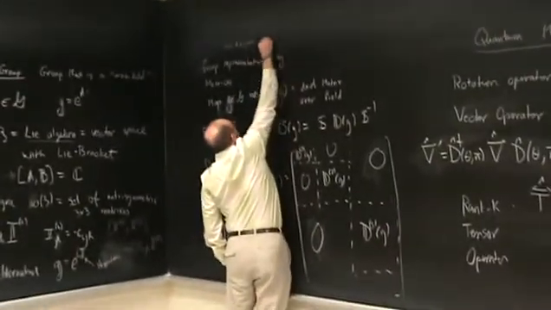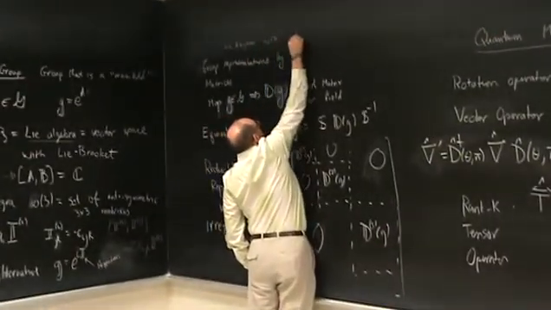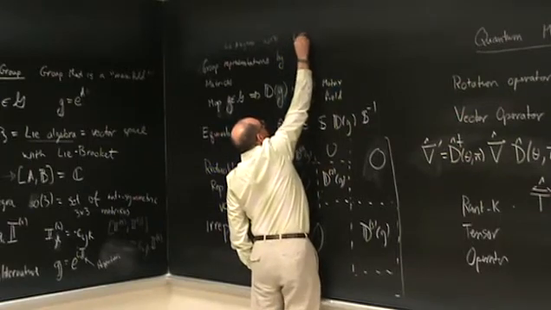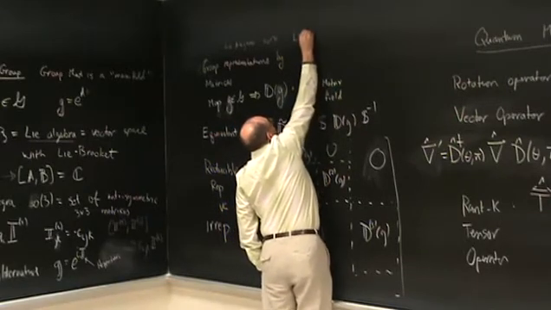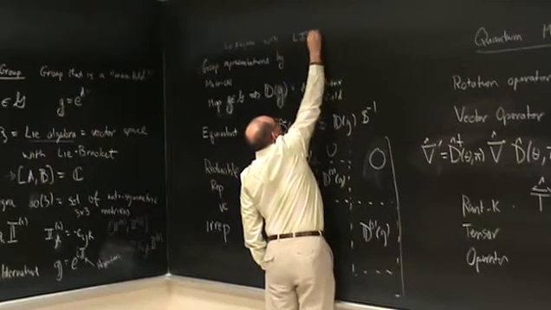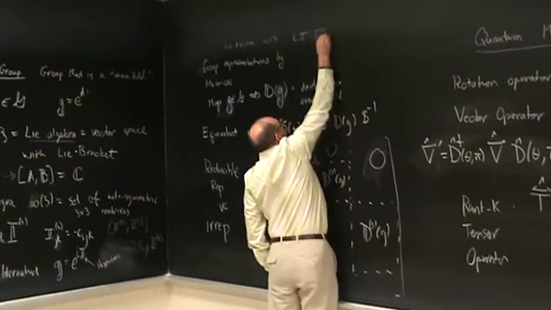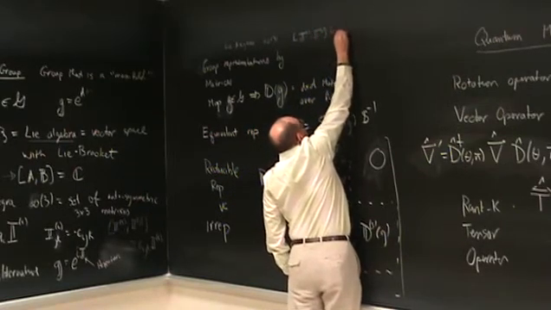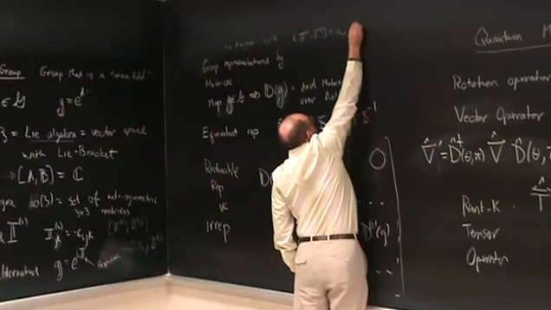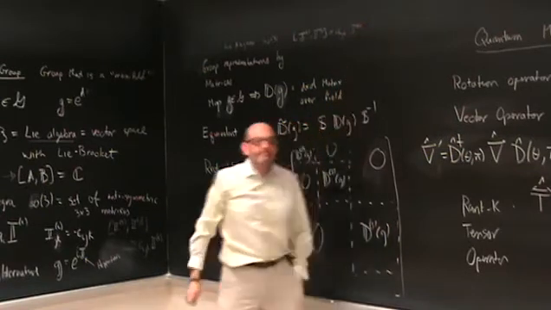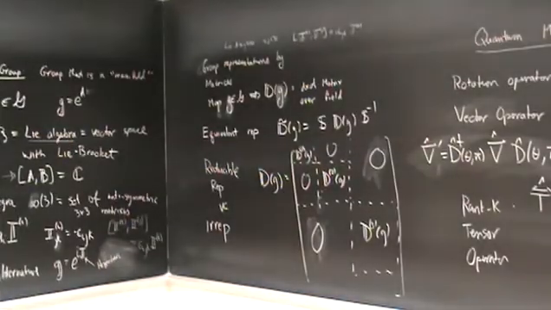Since I don't have any more room, it can also be expressed in terms of those matrices J. So that's another way of expressing the Lie algebra of the Lie group SO3.